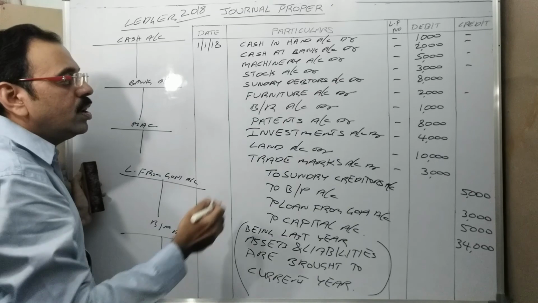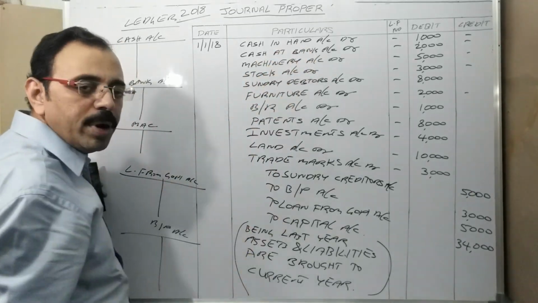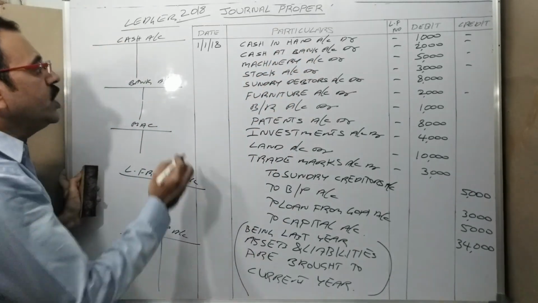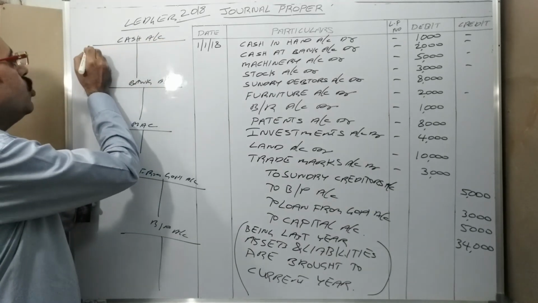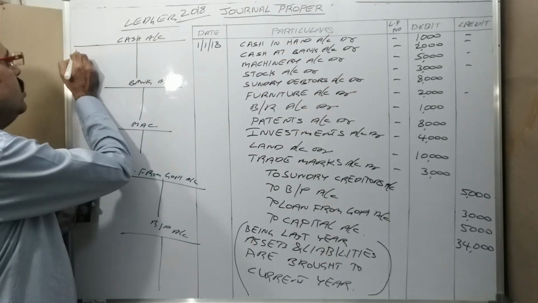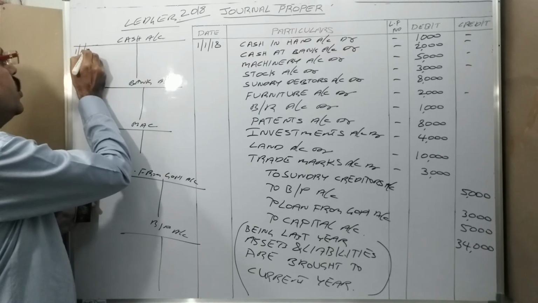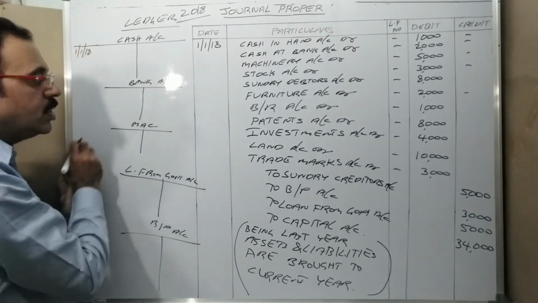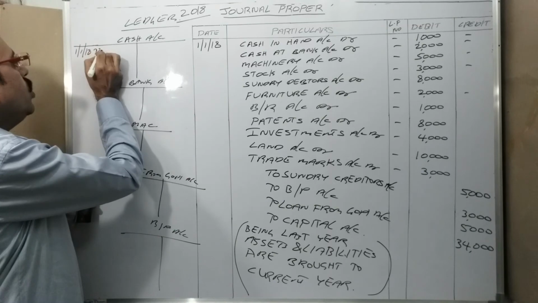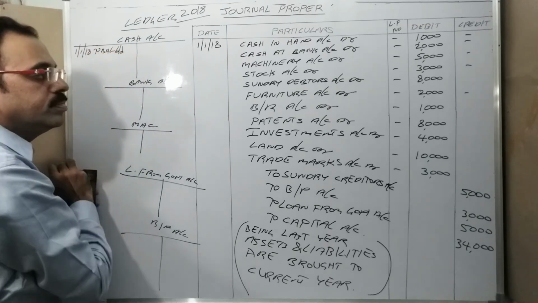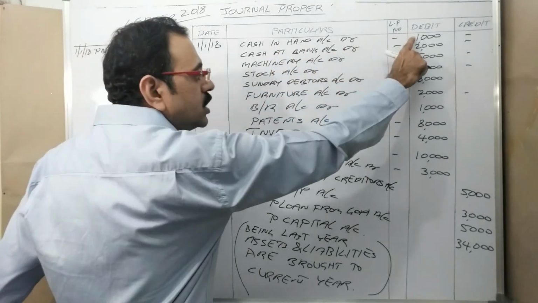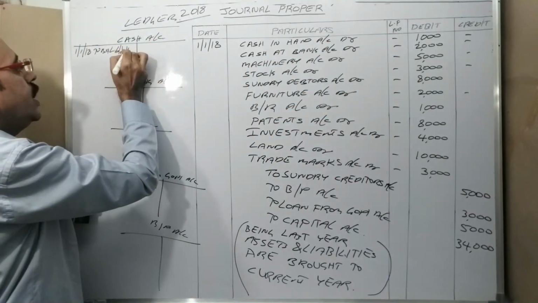How? Asset shows a debit balance, no? Therefore, if you are preparing any asset account, on the debit side we should post. When? On 1st January 2018, to what to write? Balance brought down. Cash amount is 1,000 rupees now. Write down that amount.